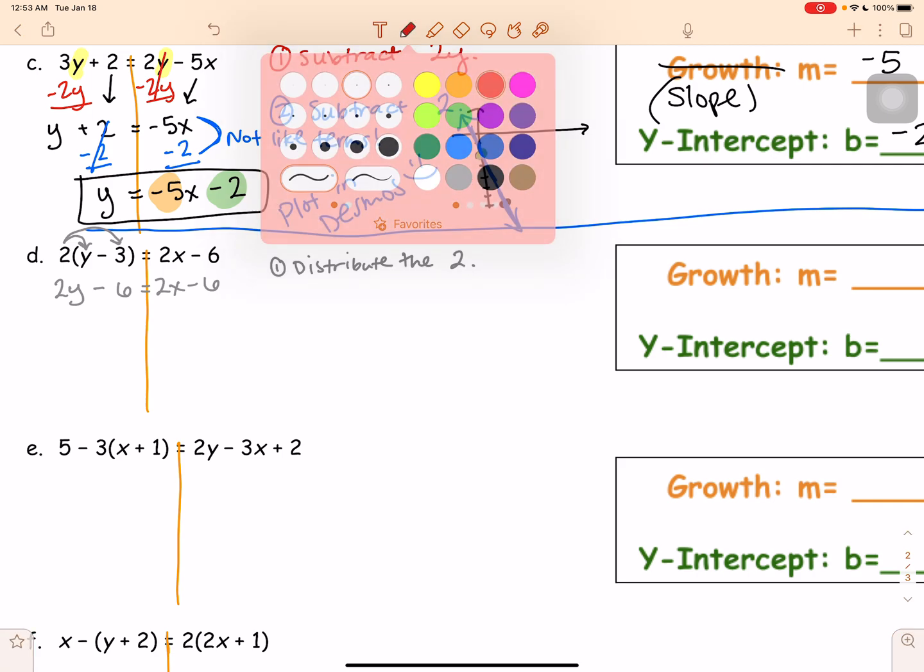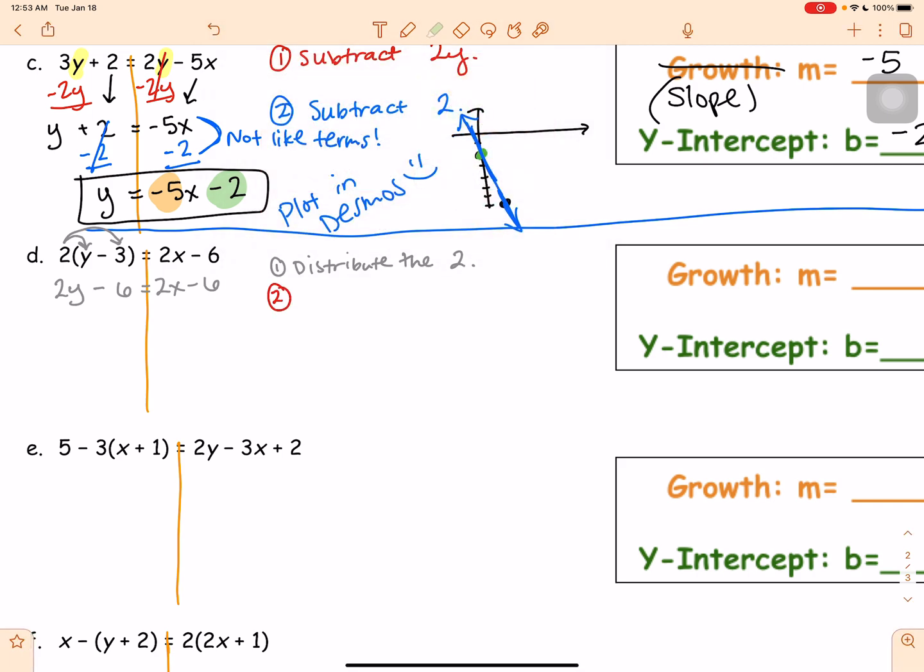So now our next step is we notice that the y is on the left-hand side, so we want to just leave it there. Let's add this 6. So add 6 to both sides. So here we have plus 6, and I did that here to zero out, and this just happens to zero out as well. So I canceled out my 6's, which is totally fine. So we're left with 2y equals 2x, okay?